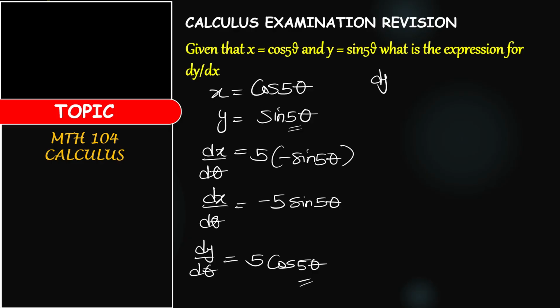Now what do you think will be our dy/dx? dy/dx will be dy over d theta times 1 all over dx/d theta, right? Exactly. This is the formula you are going to use to solve this question.